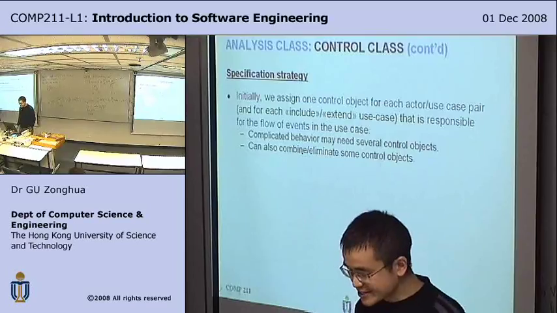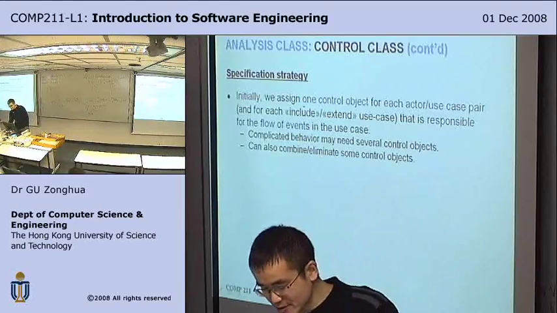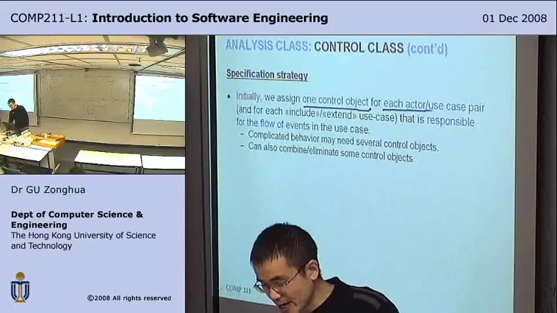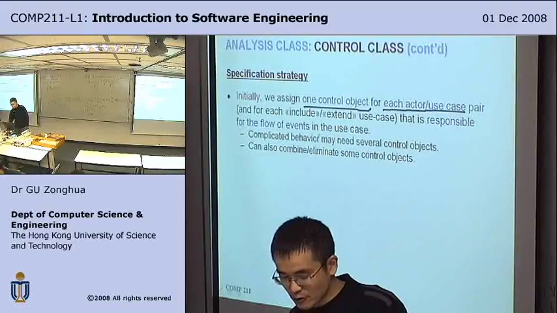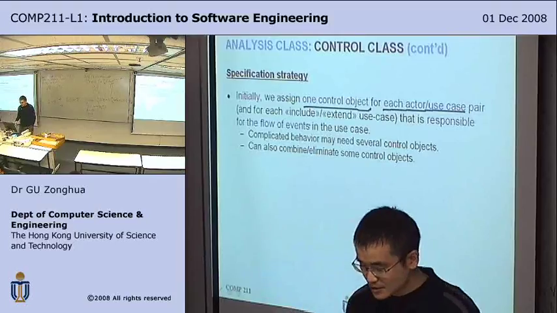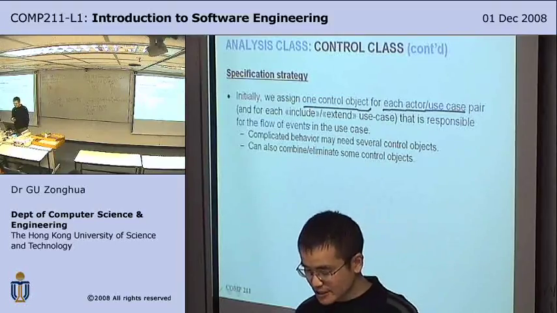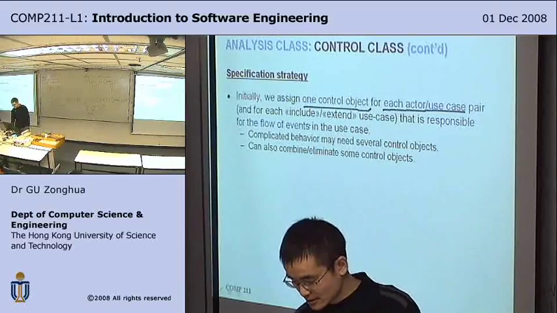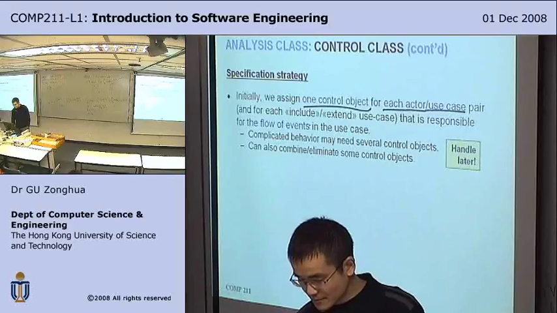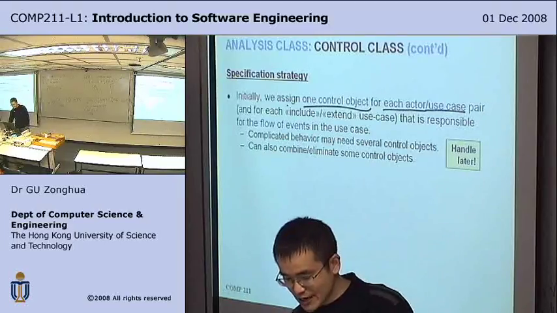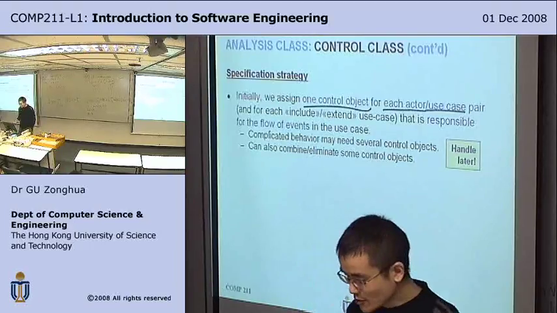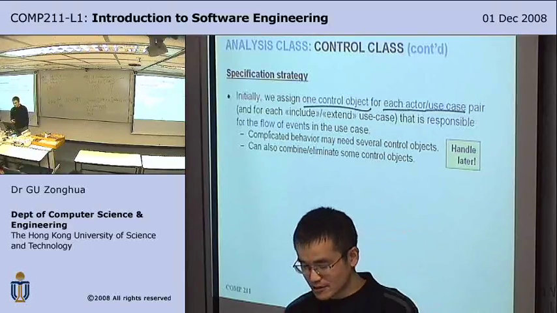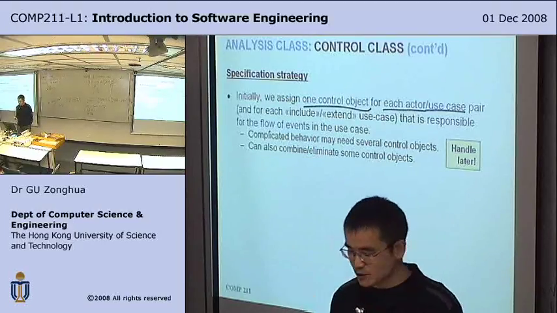So the strategy is to initially assign one control object or class for each actor use case pair that's responsible for the flow of events in the use case, similar to the boundary classes. If you have complicated behavior, you may need several control objects, or you can merge several into one if they're very simple.